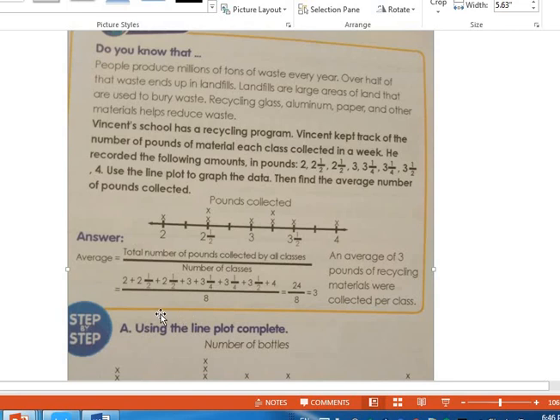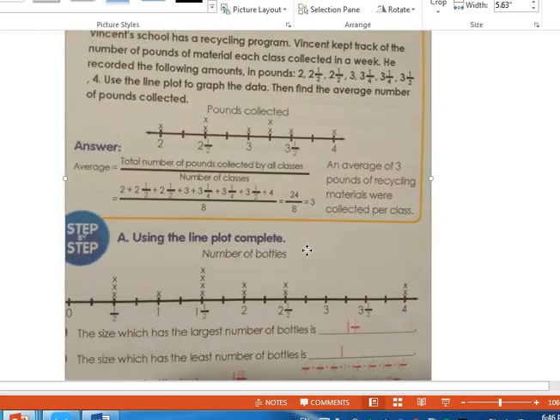So I will add all the numbers to get the total number of pounds, then divide by the number of classes. So it will give you 24 divided by 8 equals 3. An average of 3 pounds of recycling materials were collected per class.